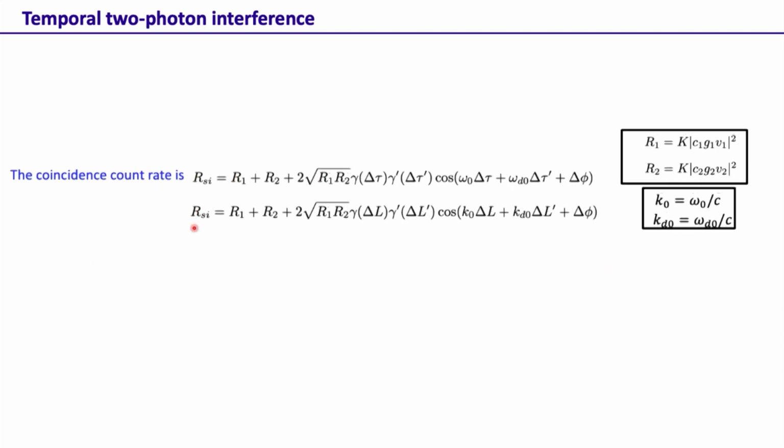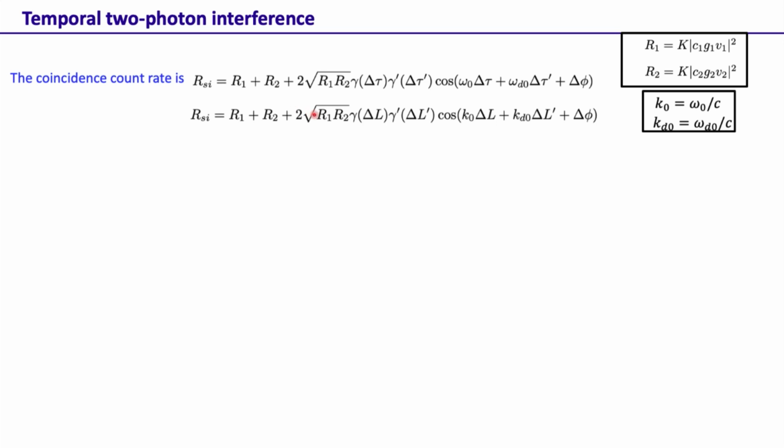Okay, so what we have obtained here, this is the coincidence count rate in a general two-photon interference experiment. And the general two-photon interference experiment involves 6 different length parameters or time parameters, and we see that we only need to have this delta L and delta L prime, 2 length parameters, and of course this one phase parameter, and we can write it like this.